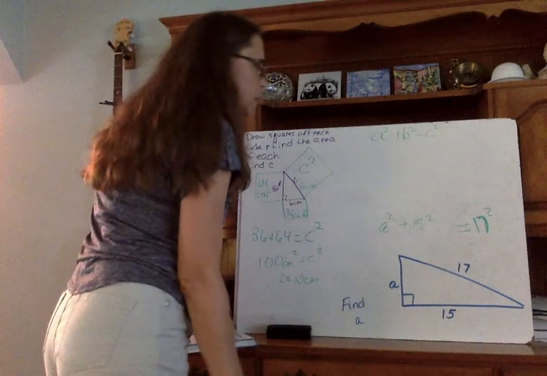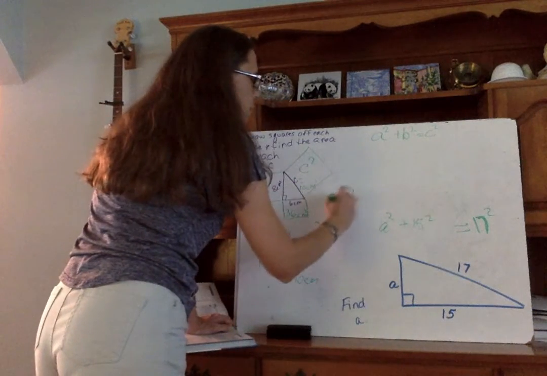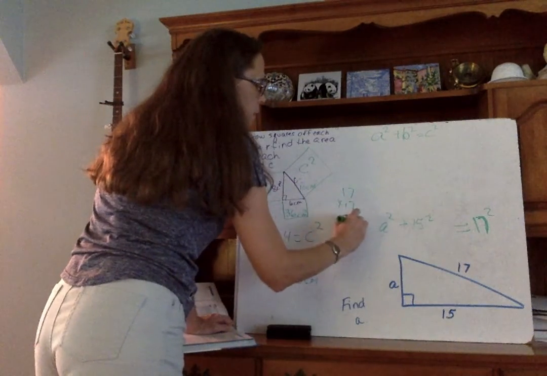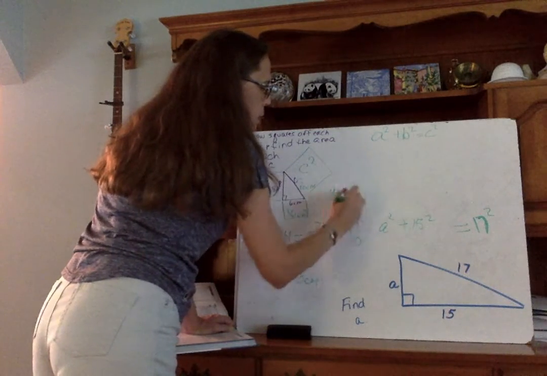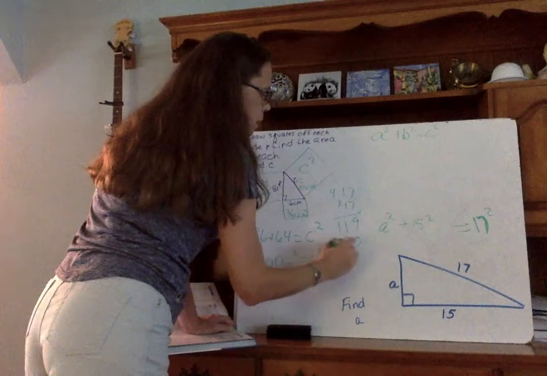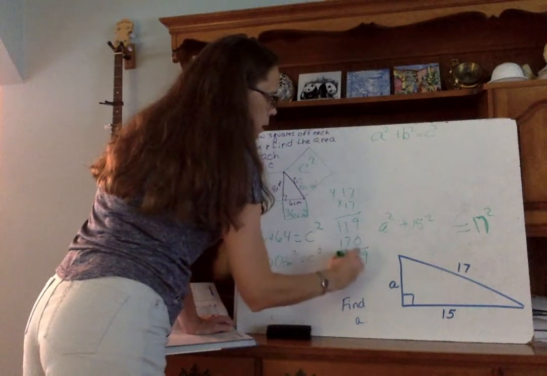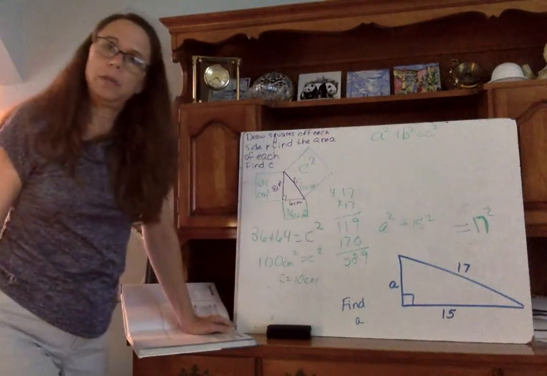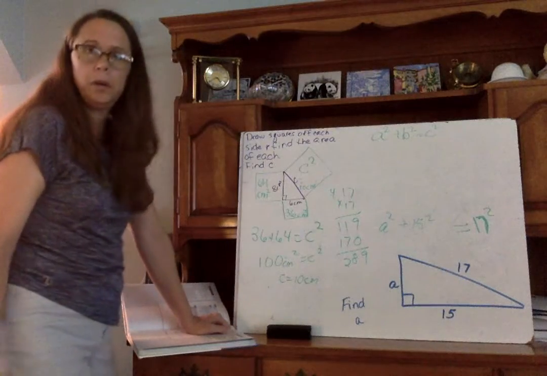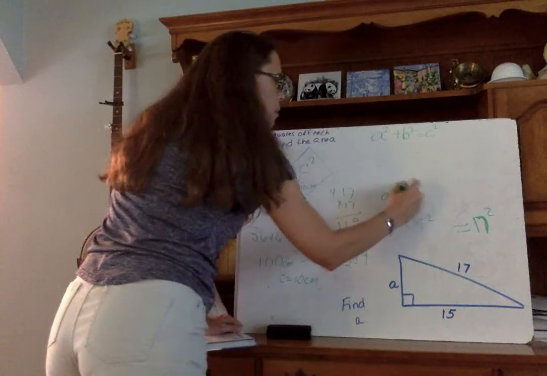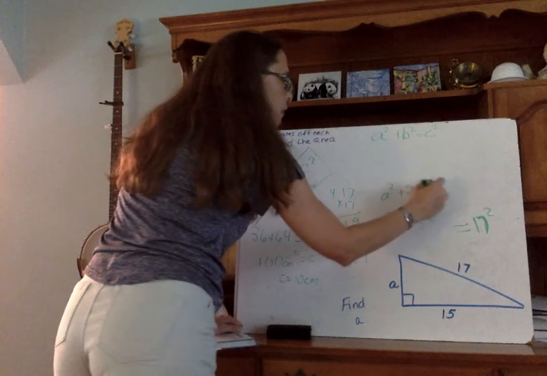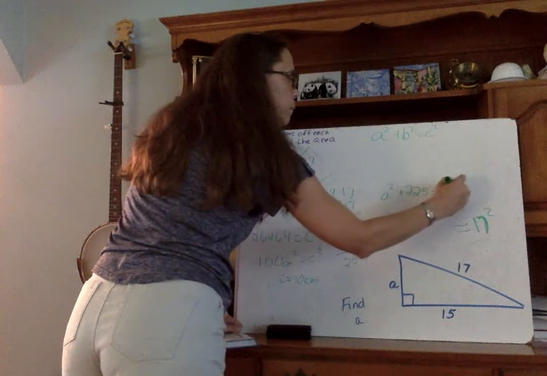So 17 times 17, 7 times 7 is 49, 7 times 1 is 7, 17, 9, 8, 289 for 17 squared. 15 squared I already know is 225. So I have A squared plus 225 is equal to 289.